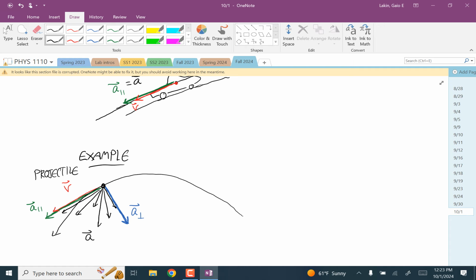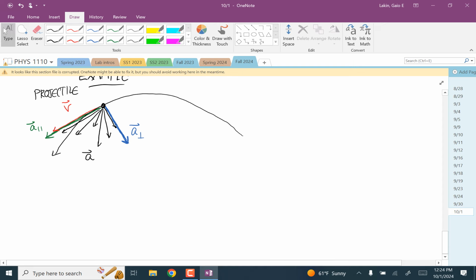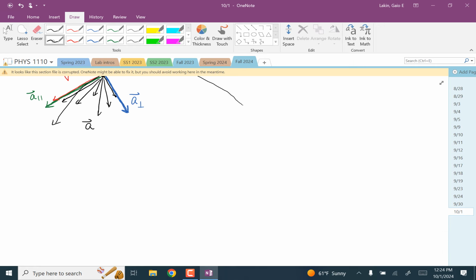Okay, so that's the end of what we're talking about with 2D particle kinematics. And now we're going to get into 2D particle kinetics. So the next topic is 2D particle kinetics.